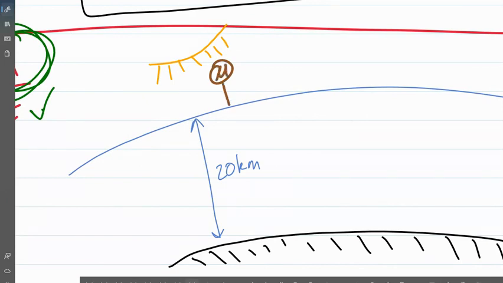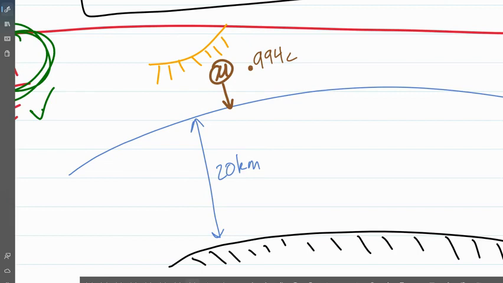A muon, when it's emitted from the sun, travels at a speed of 0.994 times the speed of light. That's just a fact that I had to Google to remind myself of. But muons travel pretty fast. They are almost as fast as light.